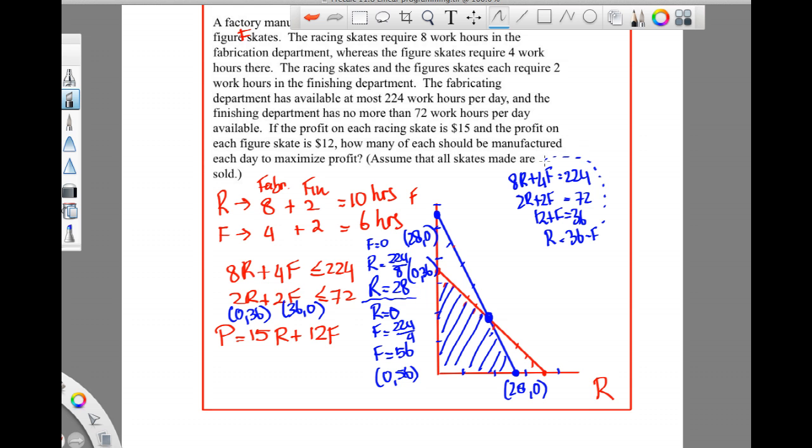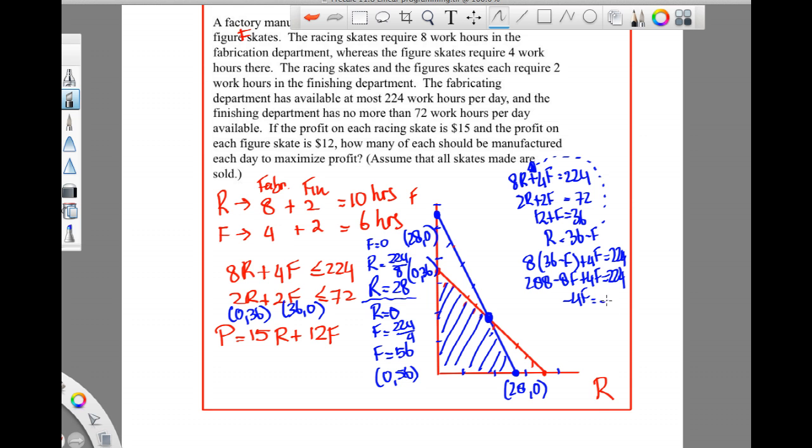And I'm going to put that into there. So then I get 8 times (36 minus f) plus 4f is equal to 224. 8 times 36 would be 288, minus 8f plus 4f is 224. That's a negative 4f over here.